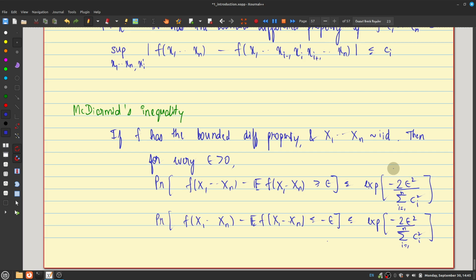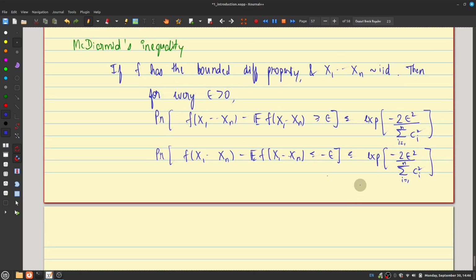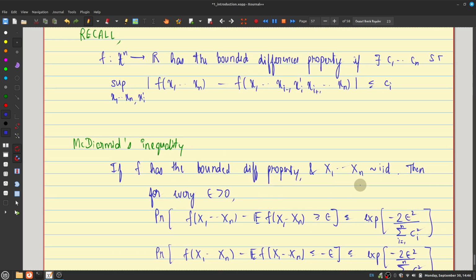You have to show that f of x1 through xn is between, say, minus some little m and capital M with probability 1. This will not give you that property. But anyway, we will be dealing with bounded functions. That's why we'll ultimately get the bounded differences property. But this is general enough. So it is not true even if X may be bounded.